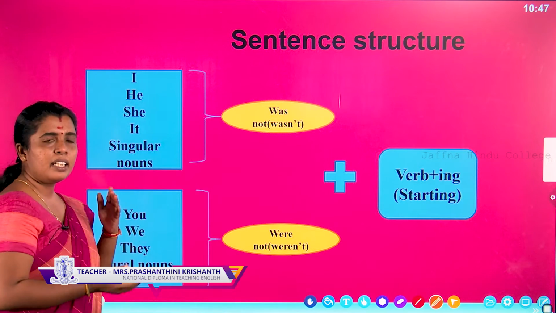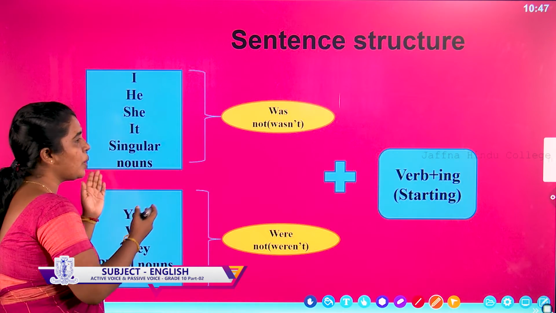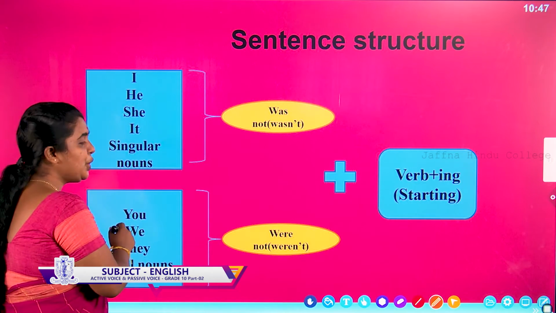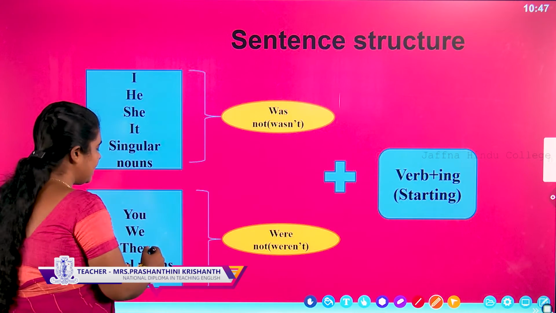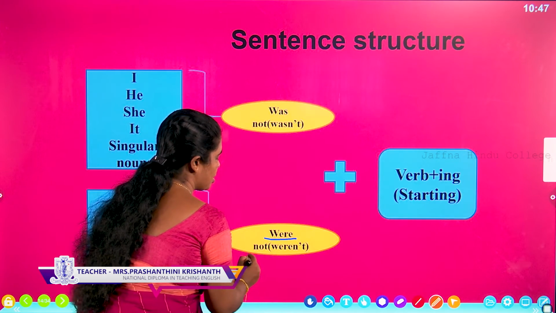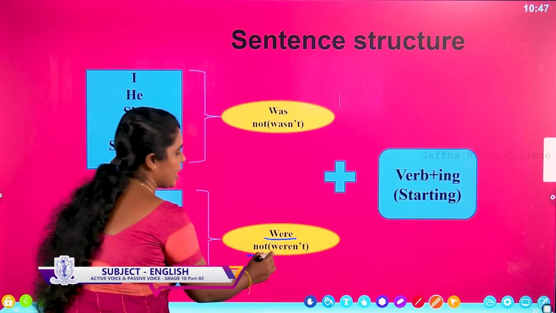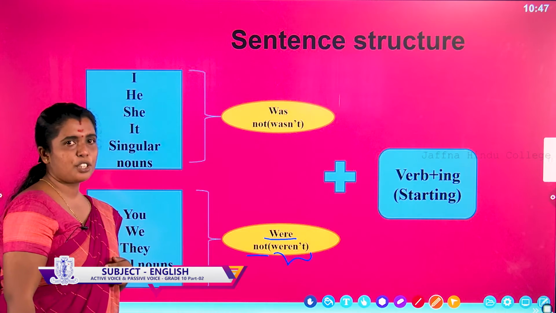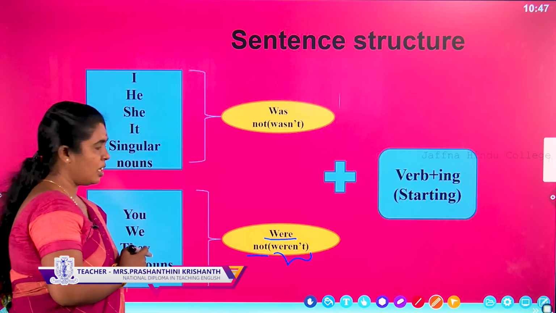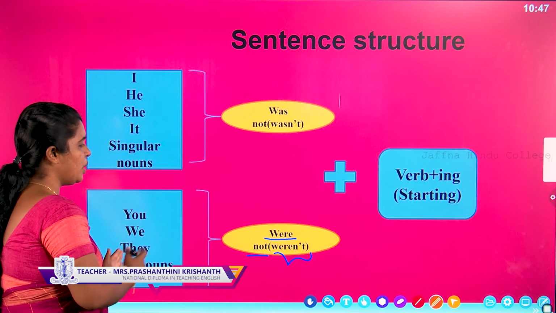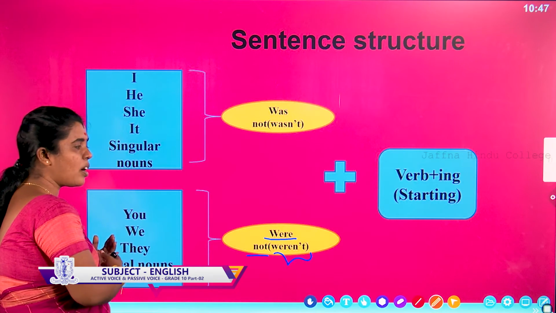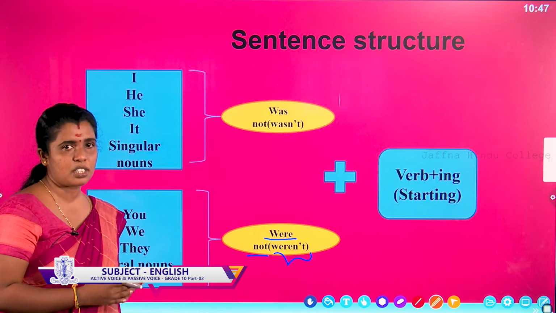Singular noun, anything you can use, like the boy wasn't starting. See the next one, you. For you, we, they and the plural nouns we must use were not, right? So, this is the contracted form, weren't, or shortened form. We can call it shortened form, were not. You were not, we were not, they were not, the students or the boys or the girls were not, right?